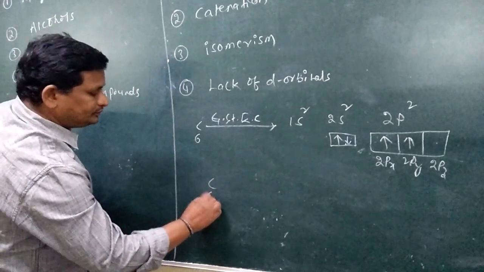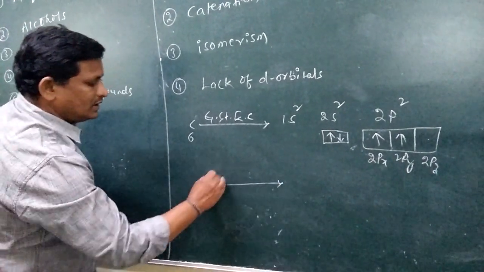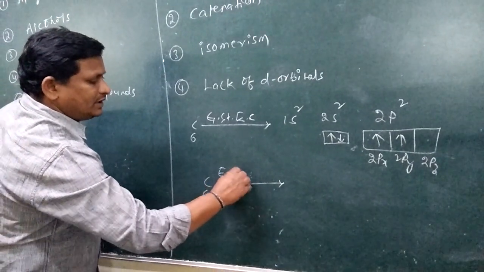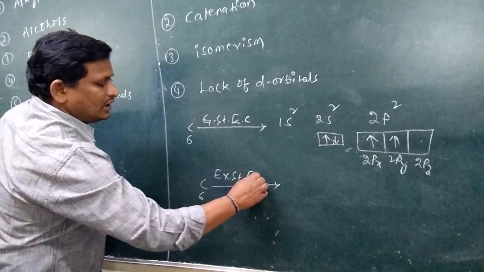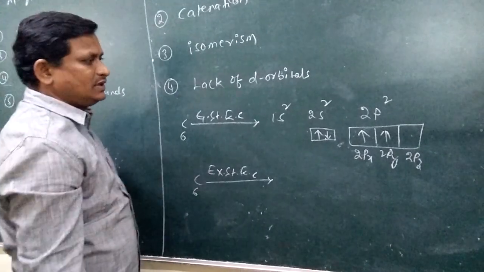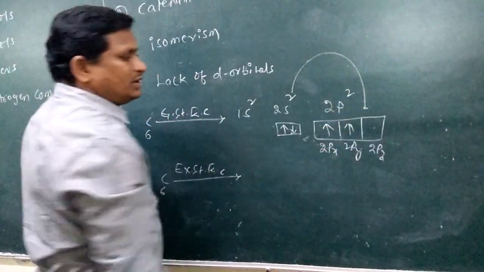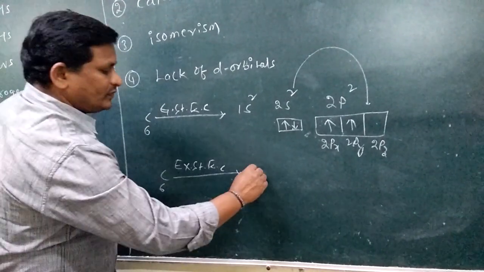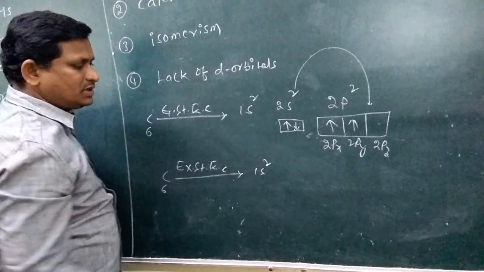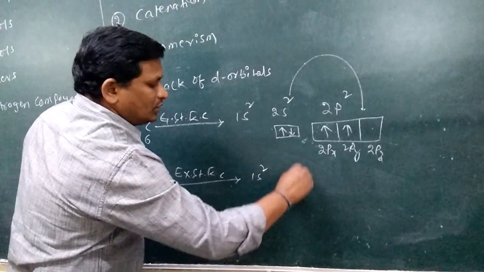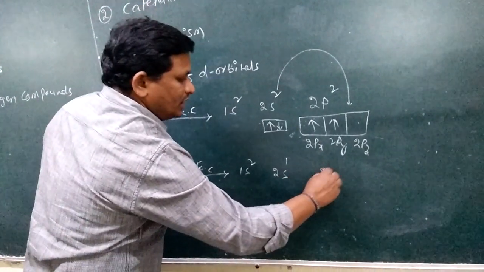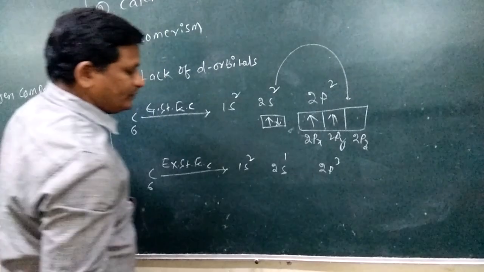Then carbon's excited state electronic configuration: when an electron transitions from the 2s orbital to the 2p orbital, the configuration is 1s2, 2s1, 2p3.